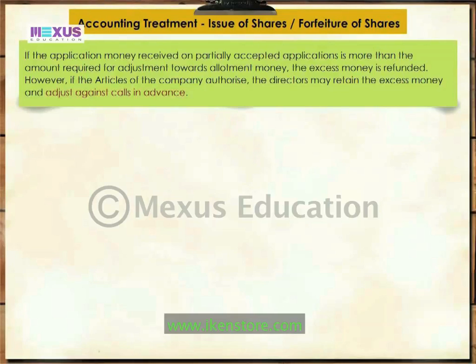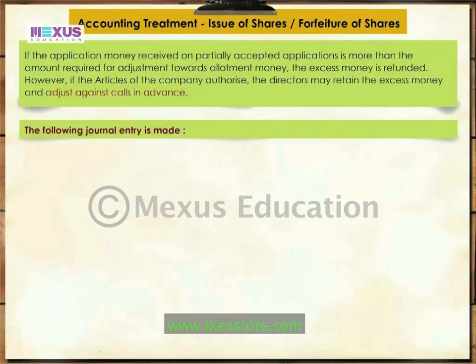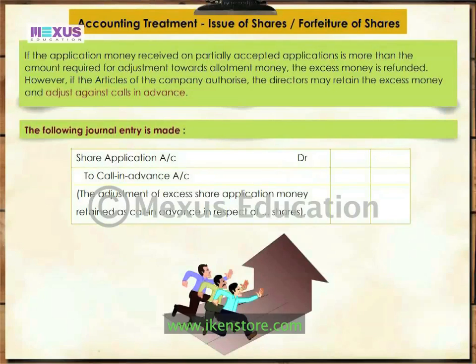However, if the articles of the company authorize, the directors may retain the excess money and adjust against calls in advance. The following journal entry is made: share application account debit to call in advance account. The adjustments of excess share application money retained as call in advance in respect of shares.